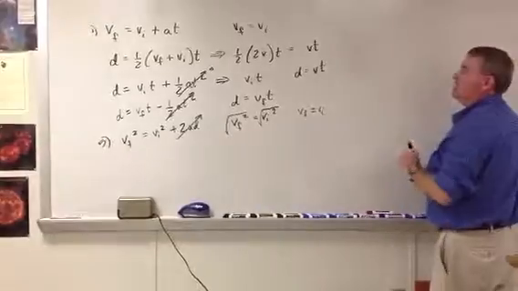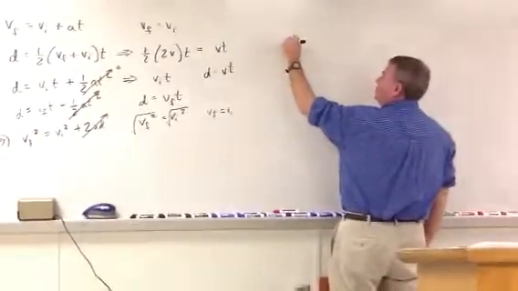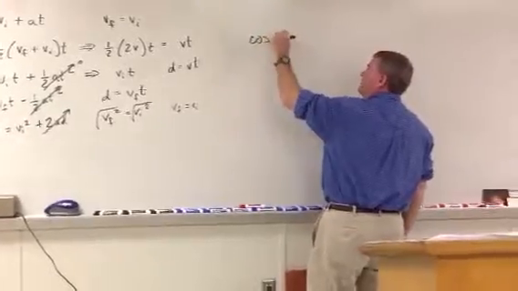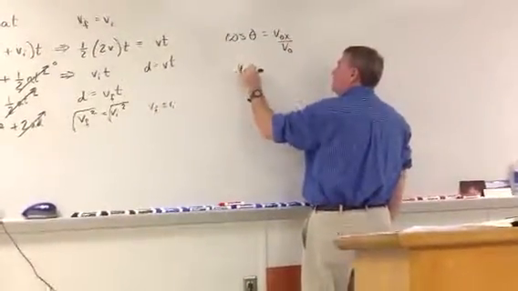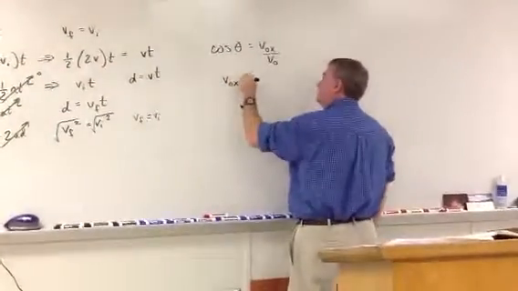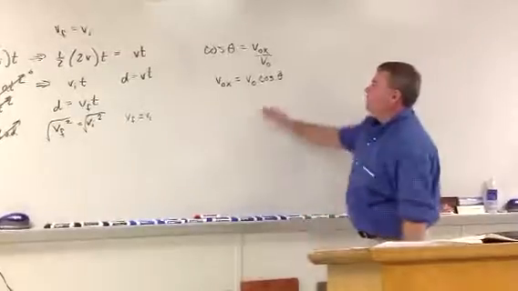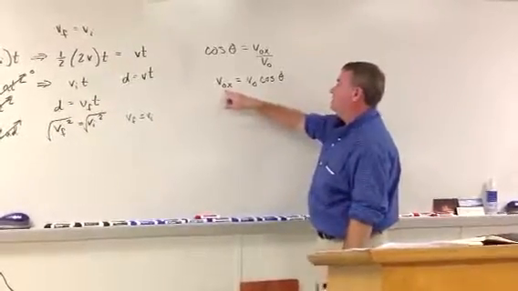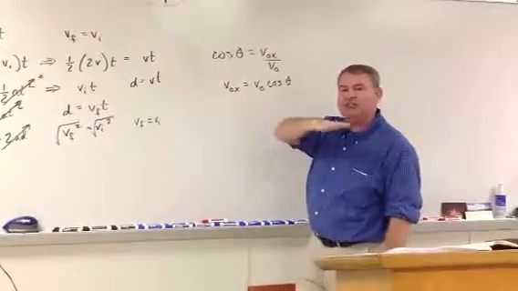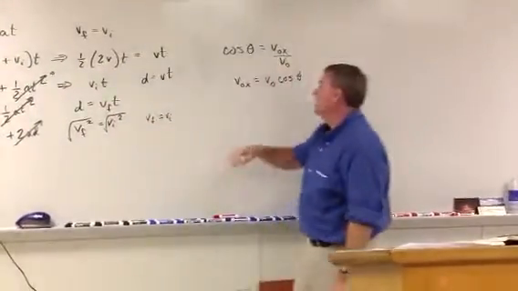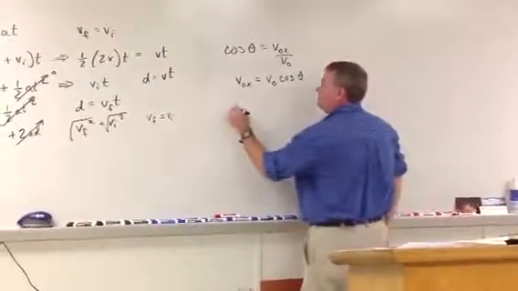Now, this is assuming a velocity in the x direction, and we proved just a little while ago that the cosine of theta is equal to V naught x divided by V naught. So V naught x is equal to V naught cosine theta. If you plug in the initial velocity in the x direction as the velocity constant over the course of the parabolic path, that's equal to V naught cosine theta.